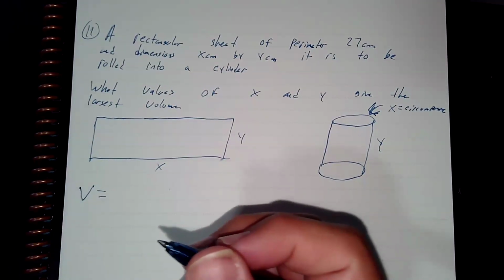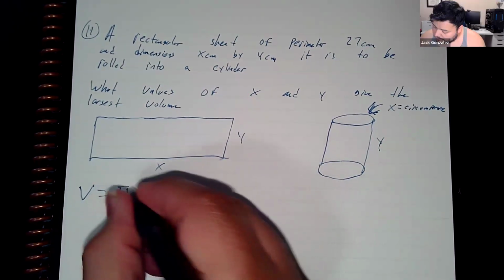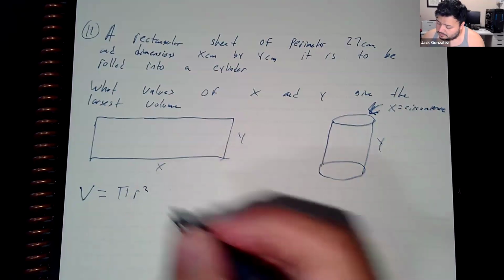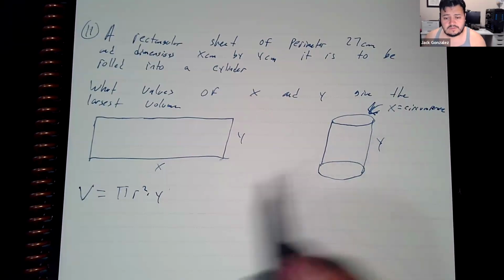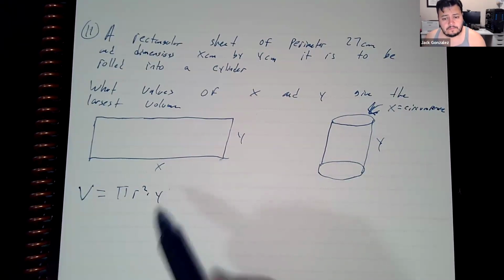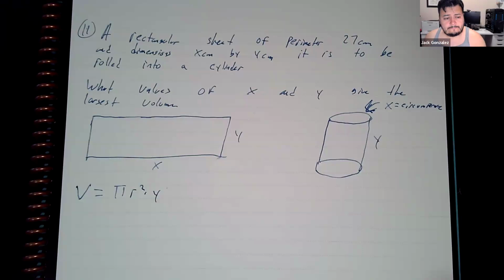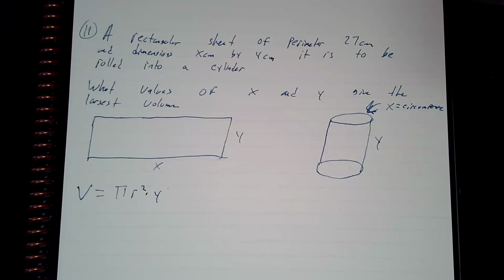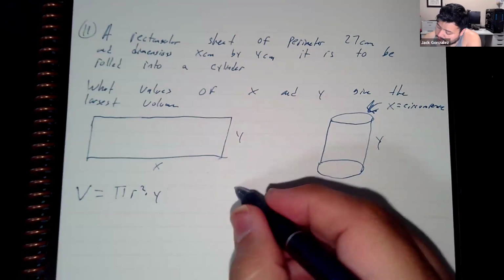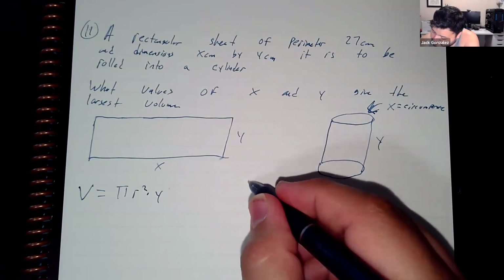Pi r squared times height. Yeah, so just picture a bunch of circles stacked together. The stack is the height. So there's my volume. Pi r squared times height. Yeah, I'll come back to that in a minute.